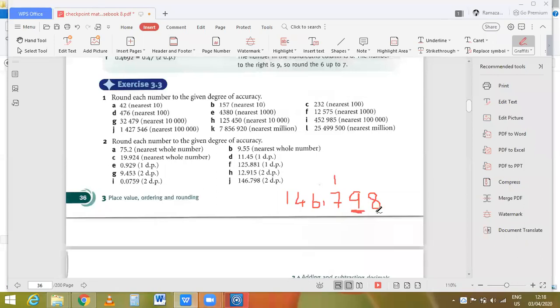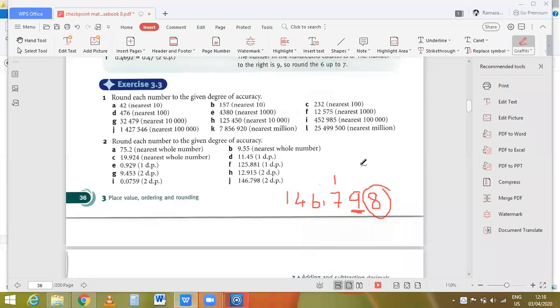Okay, so I need to find who is going to be my decider. The decider is always on the right side of the number. Who's on the right side? 8. Since 8 is bigger than 5, you will go up or down? Up.